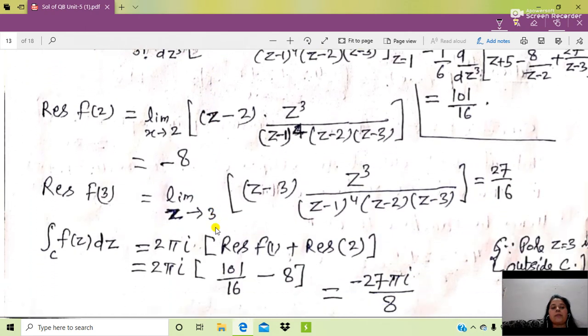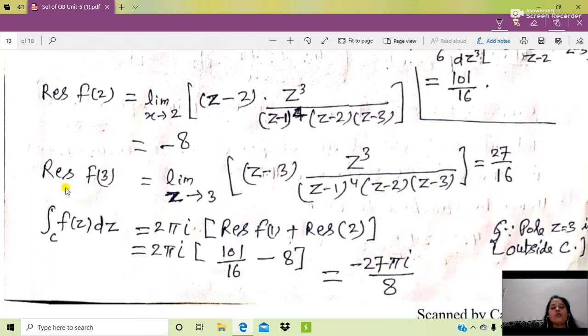Since this is the outside pole, if we calculate residue, it is a simple pole, so it will be limit z tends to 3, (z minus 3) into f of z, and (z minus 3) will be cancelled, and after putting z is equal to 3, the value of residue will be 27 upon 16. However, we don't have to consider this residue since it is outside the circle. This pole is an outside point. Therefore, no need to consider this residue.